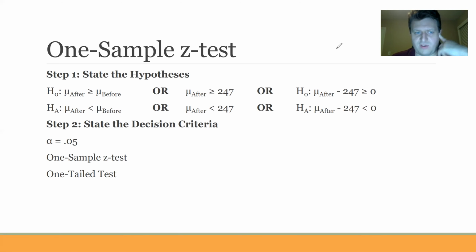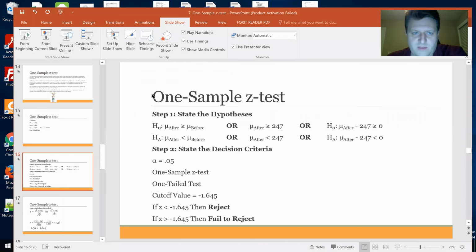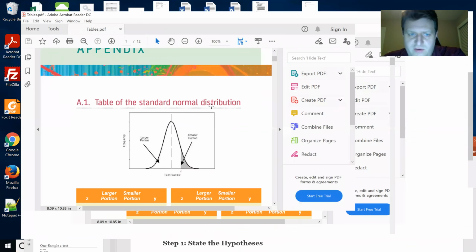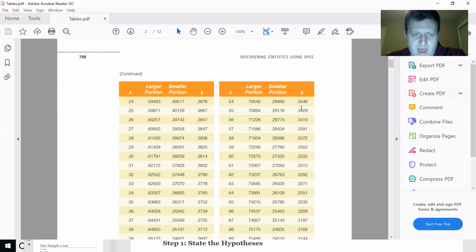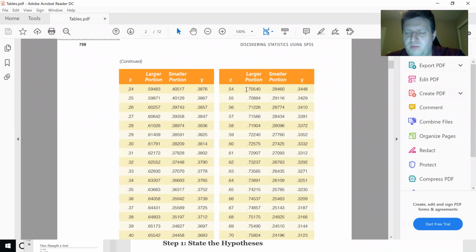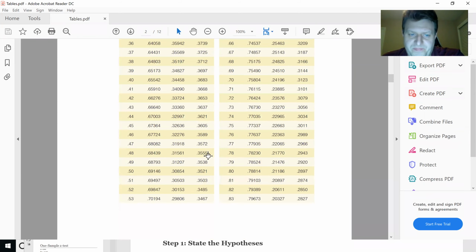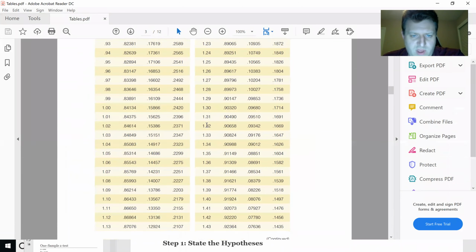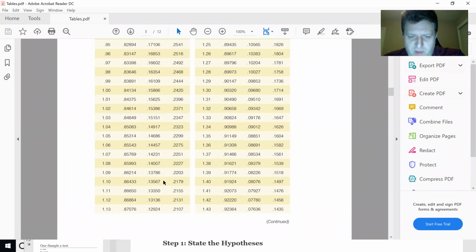Okay, let us go to our table and find that. Going to my standard normal table, I'm going to have to look at things a little bit differently since all of these values are positive and not negative. I'm going to look for when the smaller portion is 0.05. I'm looking at the smaller portion, it's getting smaller, but I'm looking for when it hits 0.05.